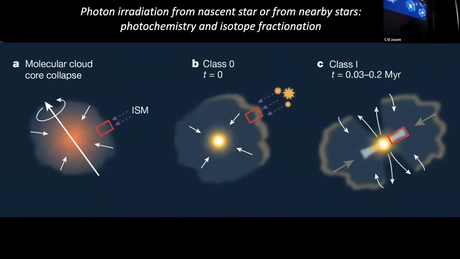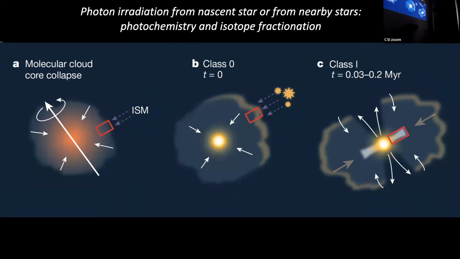To make it simple, quite schematic, a molecular cloud core started to collapse, forming a central star, first heated by gravitation, and later a disk of mostly gas and dust, onto which the cloud continued to fall.